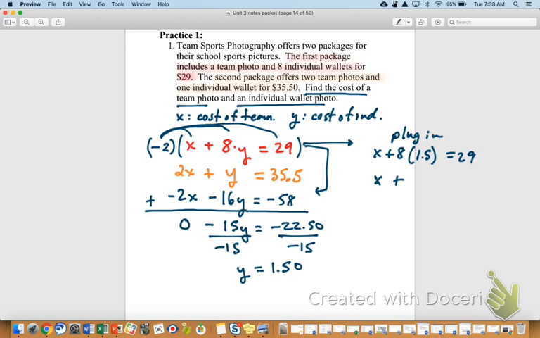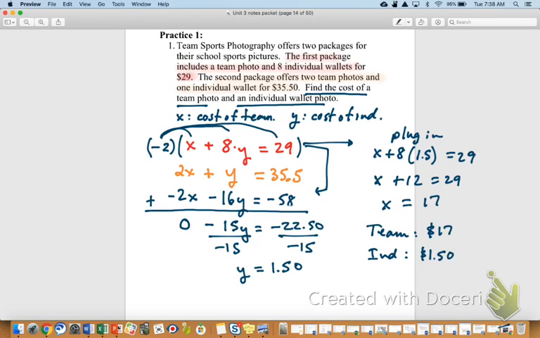So this would be x plus 12 equals 29. So x equals 17 after I subtract the 12 from both sides. So we would say that the team photo is $17, and the individual wallet photo is $1.50.